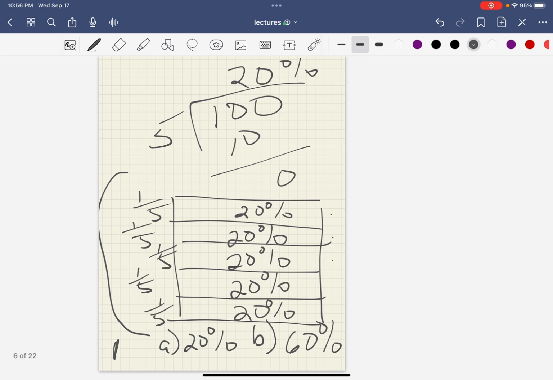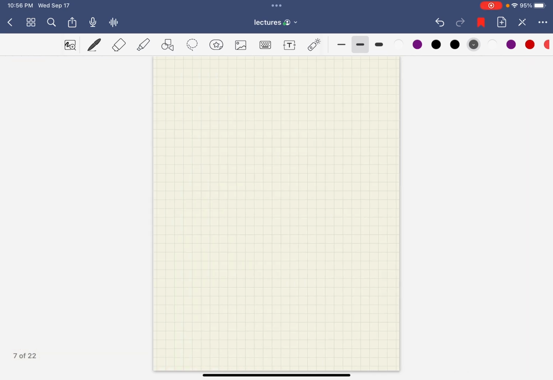Okay, let's look at a couple of these practice. It says draw a diagram to illustrate 3/4 of the 12 musicians. I think we did one. Oh, that was 2/3. Okay, so this time it's 3/4, so we're going to take 12 and divide it by 4. So each piece is going to be 3.